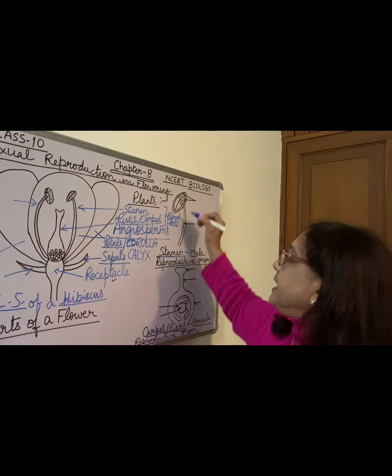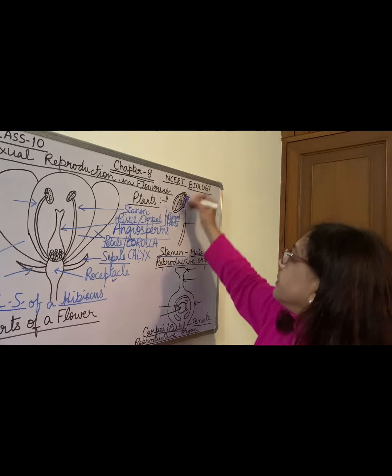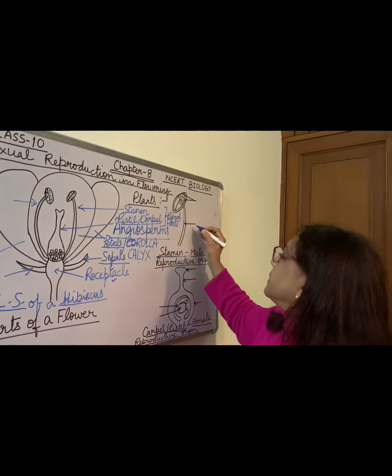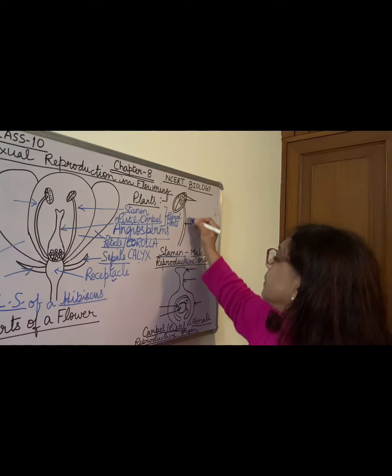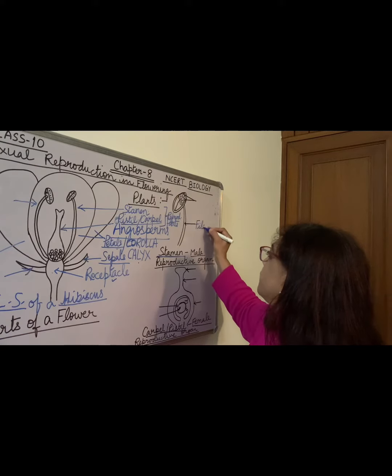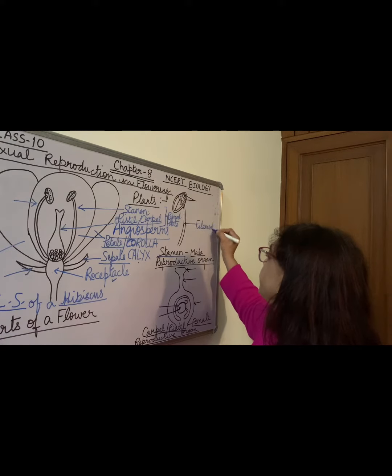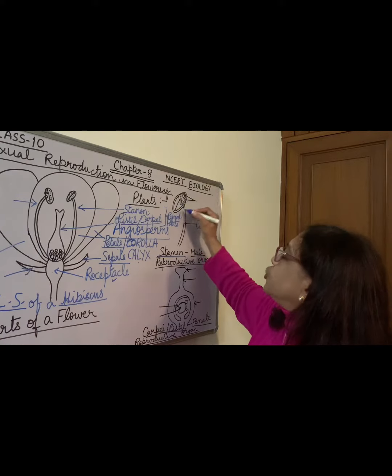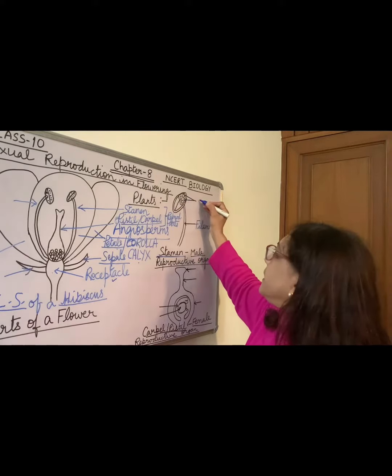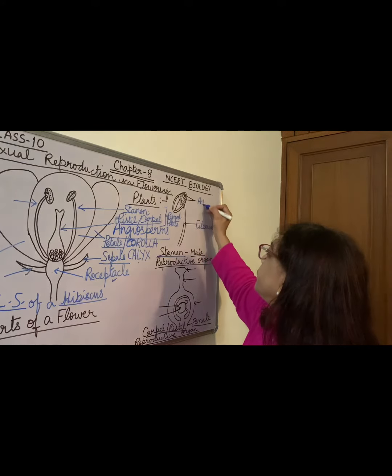Each stamen, this is one stamen, has two parts: the long filamentous part, which is known as the filament, and the top head, which is known as the anther.